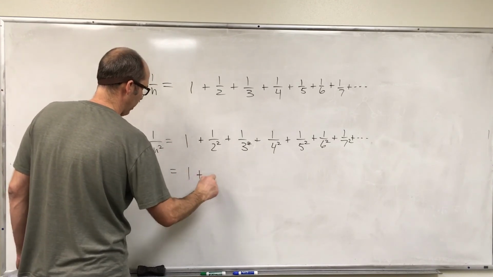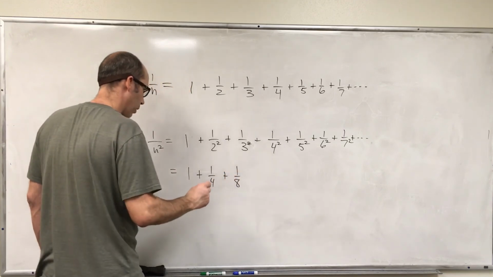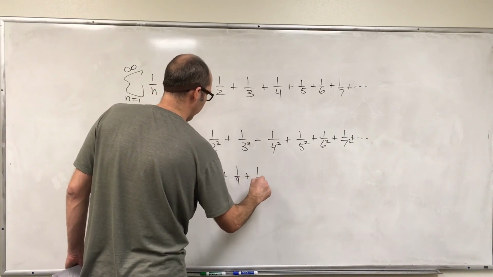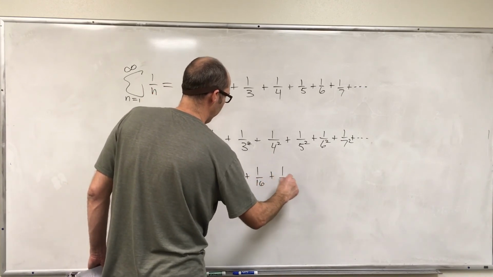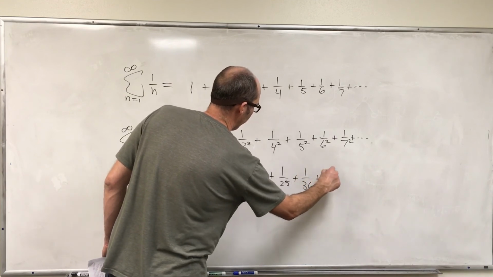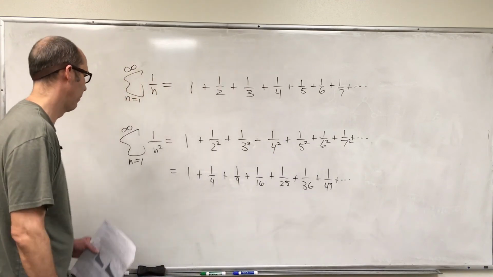So we have 1 plus a fourth plus an eighth. Oh wait, that's not an eighth, that's a ninth, my bad. Plus 1 16th, plus 1 25th, plus 1 36th, plus 1 49th, and continuing on and on and on.